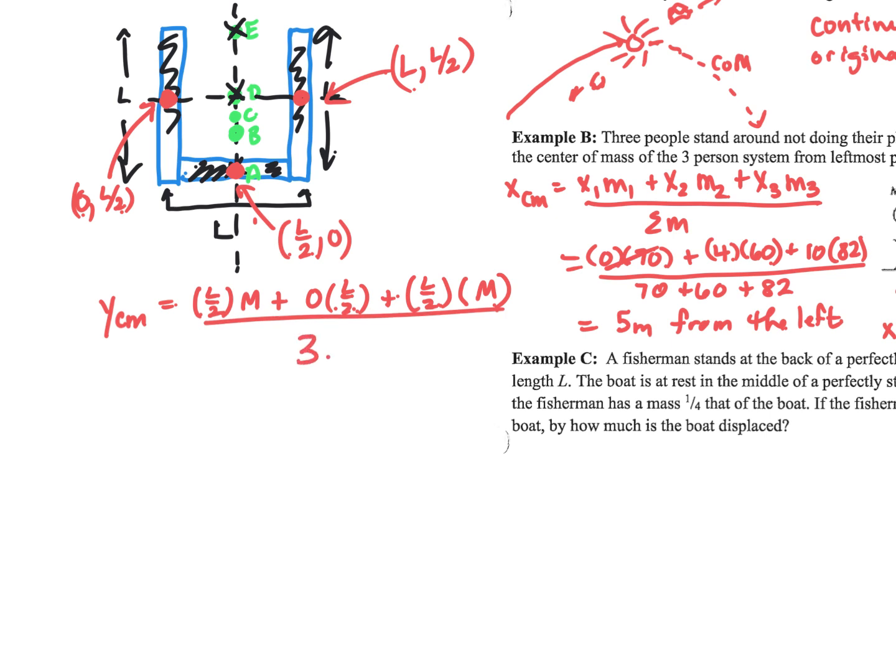Oh, hang on a second, I think I just made a goof. Excuse me, this should be 0 times m. All right, so this one's going to go away, divided by 3m. So L over 2 times m plus L over 2 times m is L m over 3m. So it's going to be L over 3.